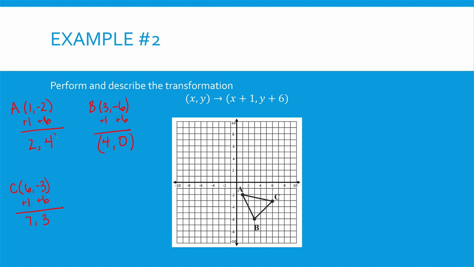So these would make up my image points, A prime, B prime, and C prime. So we can perform and map those on here. A prime, B prime, C prime.